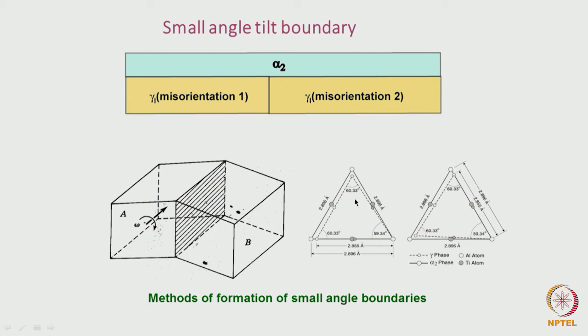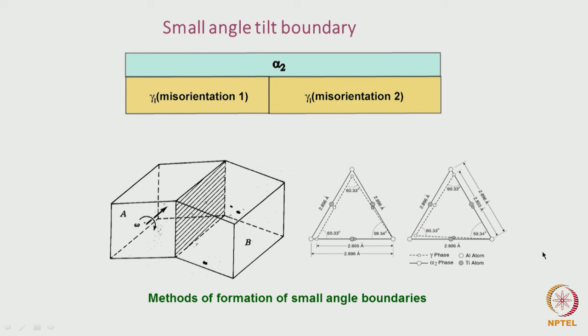That means that there is some change in the C by A ratio. This can happen in FCC also. Because of that, with respect to the matrix, two orientations of the crystal are possible.